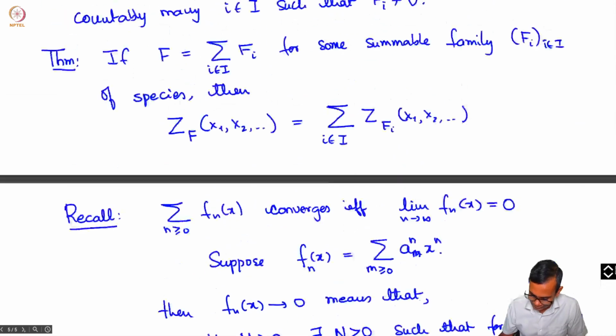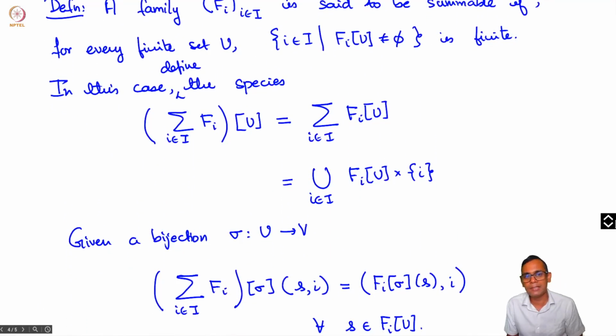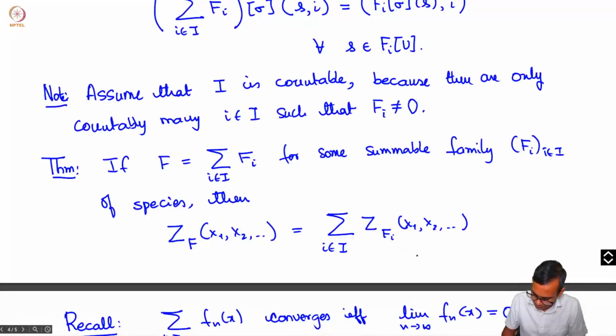And in that sense, this hypothesis of summability will say that for any fixed monomial, for all but finitely many i in I, the coefficient of that monomial in the cycle index generating series for F_i will vanish. And so in that sense, this infinite series is actually convergent, and that sum is equal to Z_F.